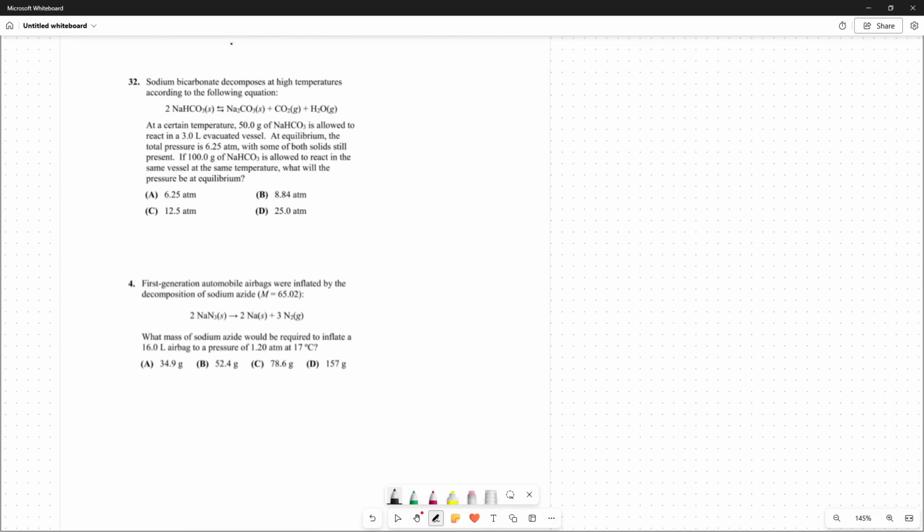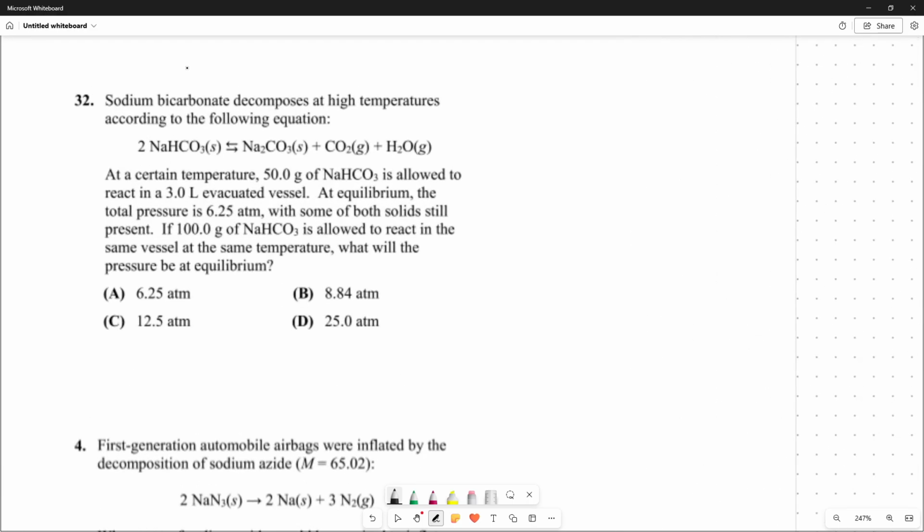Sodium bicarbonate decomposes at high temperatures according to the following equation. 2 moles of sodium bicarbonate decomposes into sodium carbonate, carbon dioxide, and water.